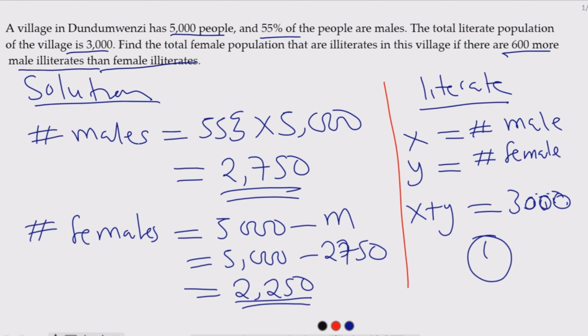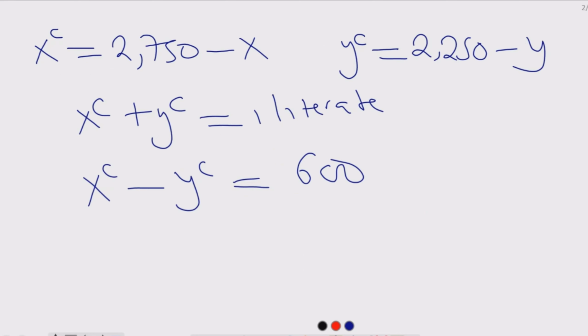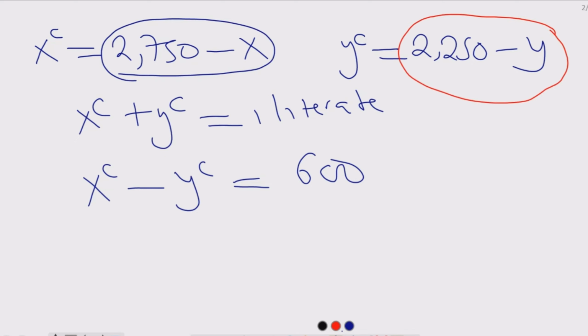This is what the last part of the question tells us: 600 more male illiterates than female illiterates. So now, substituting for X complement and Y complement.